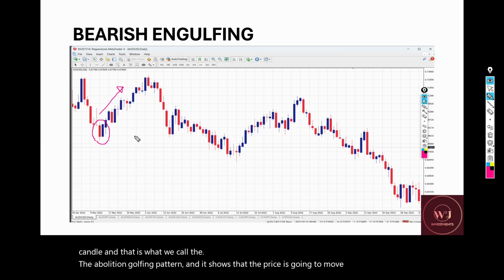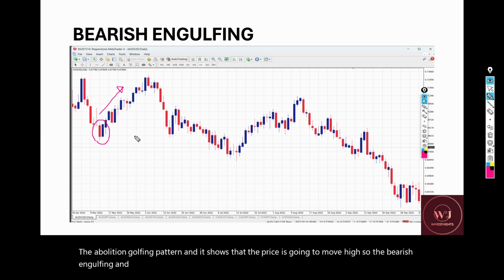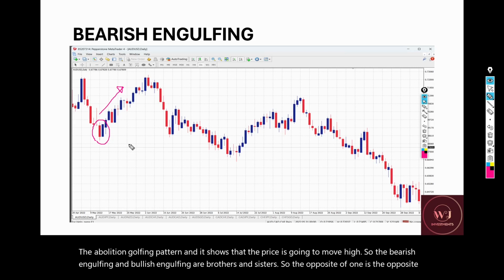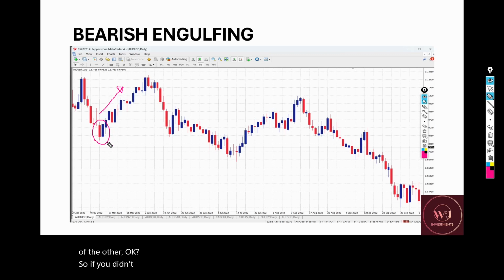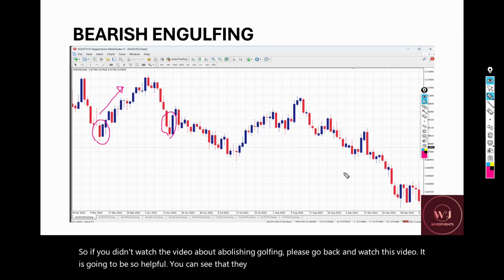So the bearish engulfing and bullish engulfing are brothers and sisters; the opposite of one is the opposite of the other. If you didn't watch the video about the bullish engulfing, please go back and watch it. It is going to be so helpful. You can see that they happen so much in the market.